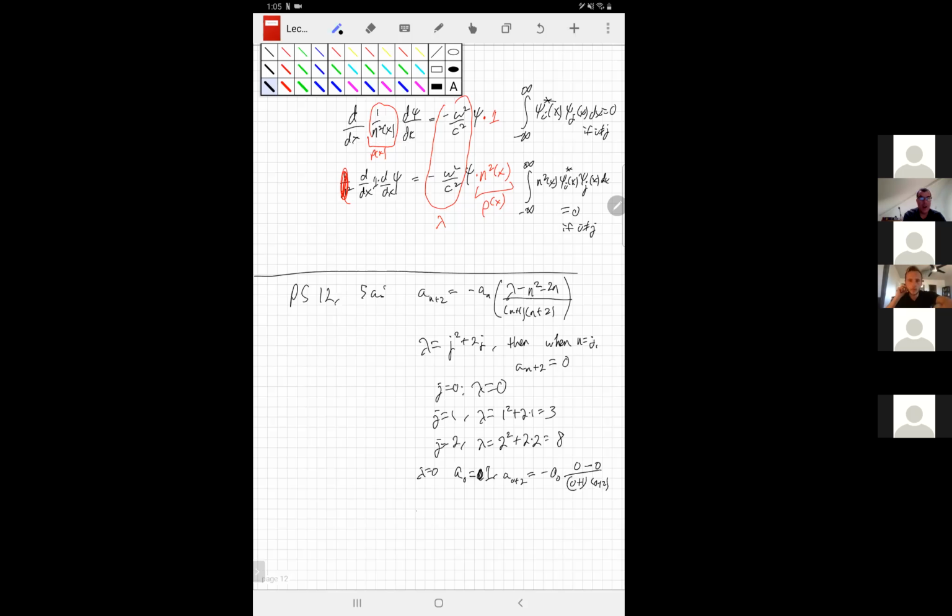Now we have to assume that all the odd ones for that are 0. So basically I should be saying a_0 equals 1, a_1 equals 0.